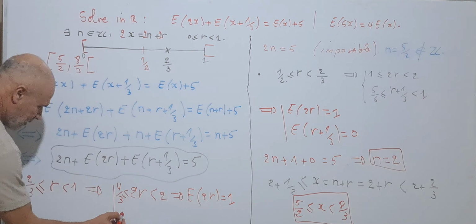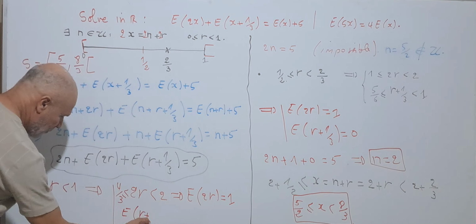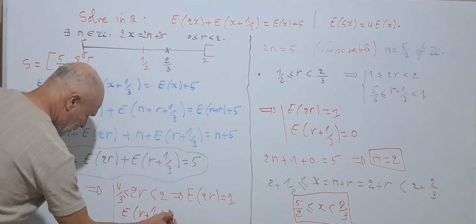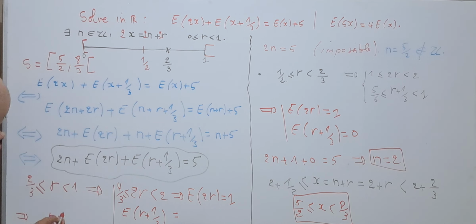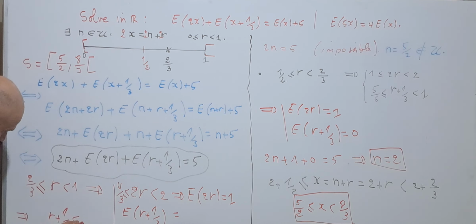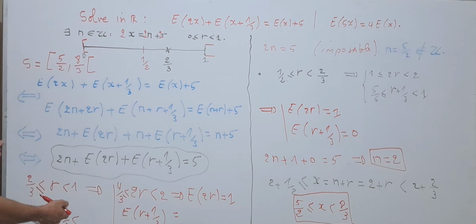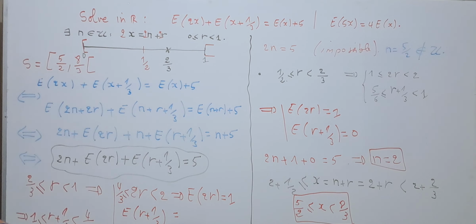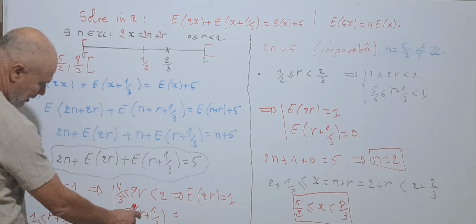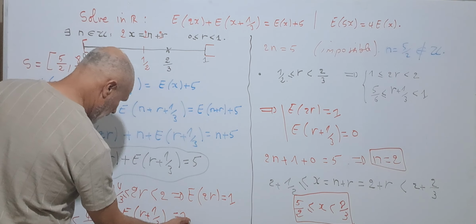For the integer part of r plus 1/3, with r between 2/3 and 1, this implies that r plus 1/3 is greater than or equal to 1 and strictly less than 1 plus 1/3, which is 4/3, which implies that its integer part is equal to 1.